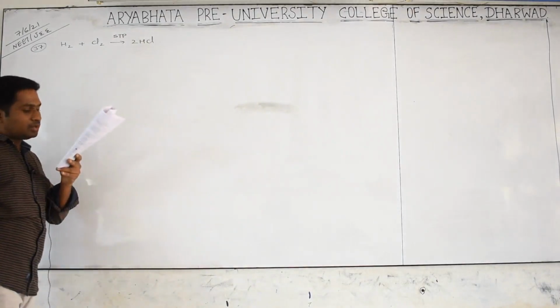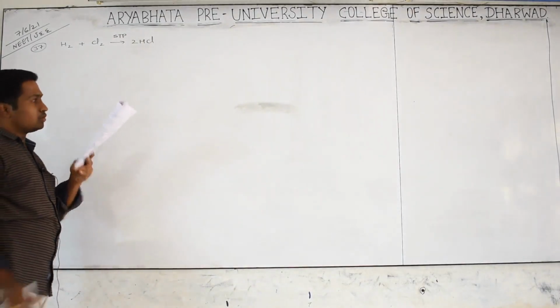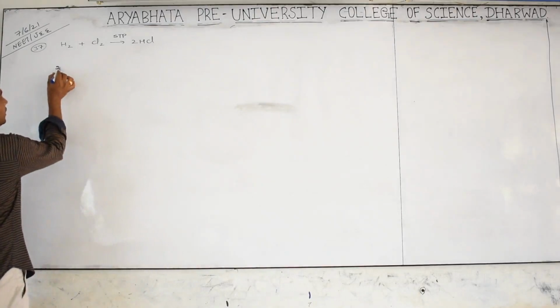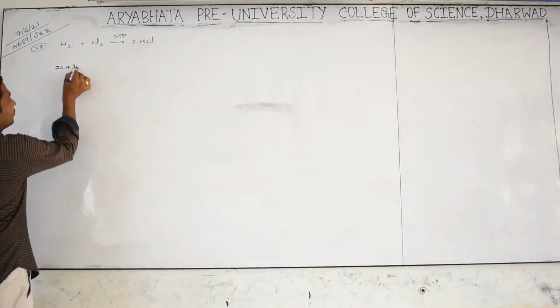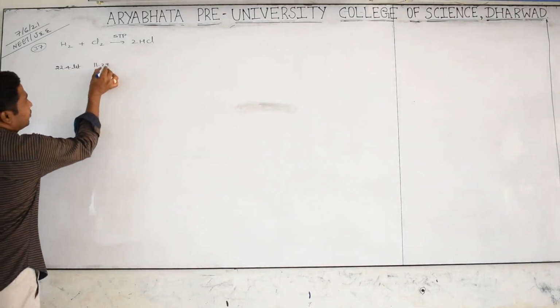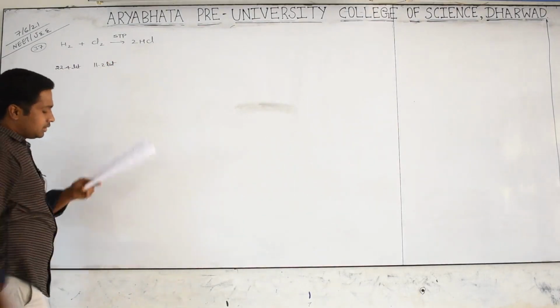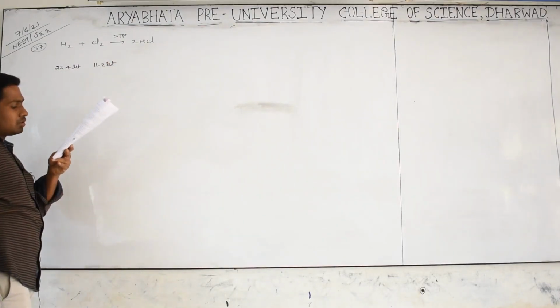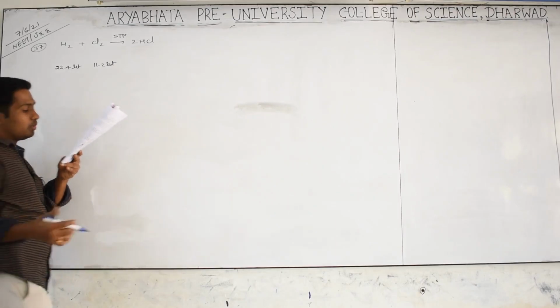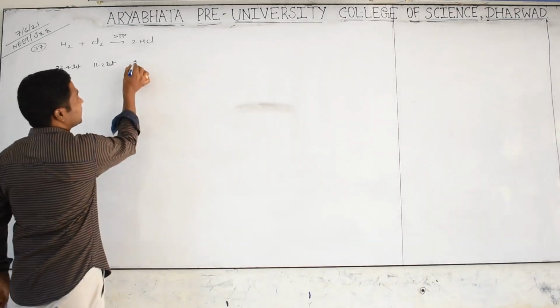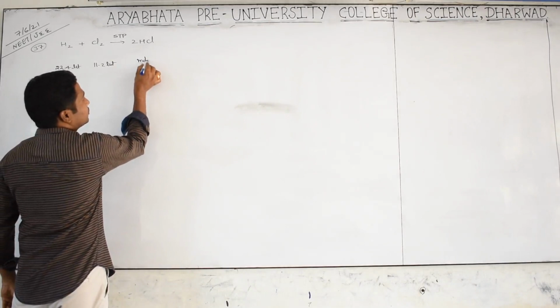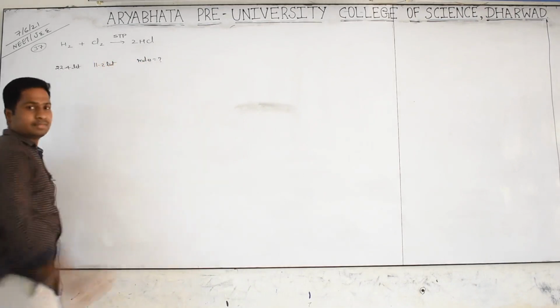What is given to us? 22.4 liters of hydrogen combining with 11.2 liters of chlorine. Then how many moles of HCl is forming is asked.